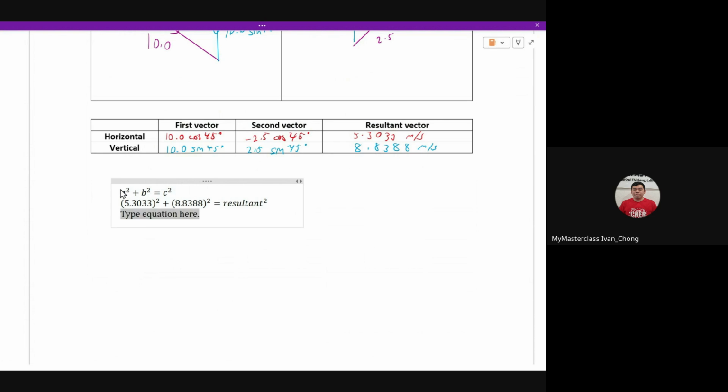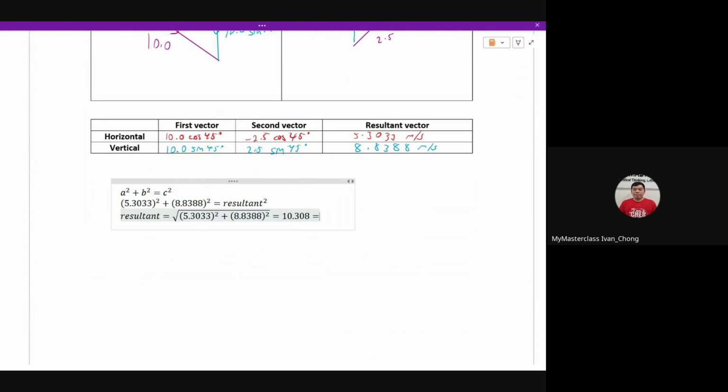So if I want to find my resultant, all I need to do is just square root the two values. Okay, so I'm just gonna put this inside. Both. So just write square root 5.3033 square plus 8.8388 square.